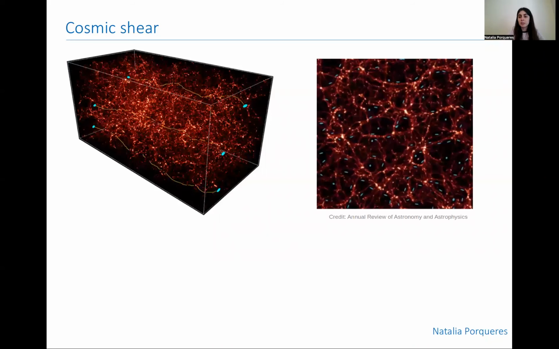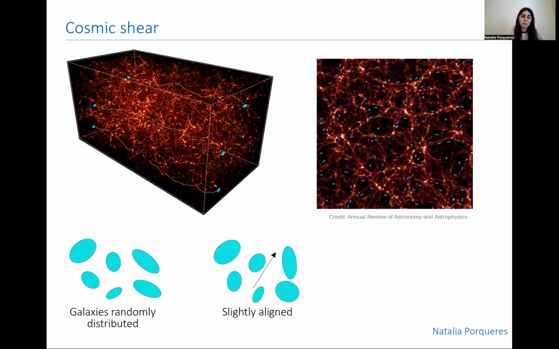In practice, that means that when we look at the projection of the galaxies on the sky, if we could see also the dark matter, we would see them aligning with the large-scale structures and all this filamentary structure of the cosmic web. So we start with some galaxies that are randomly distributed, and then due to the gravitational lensing effects, we observe them as showing some slight alignment, some preferred direction.